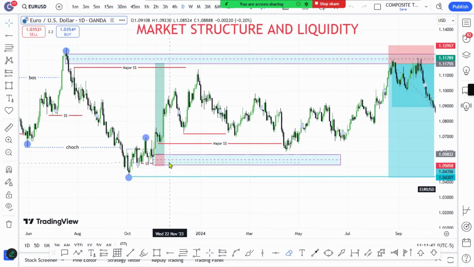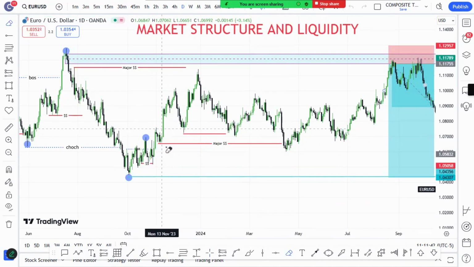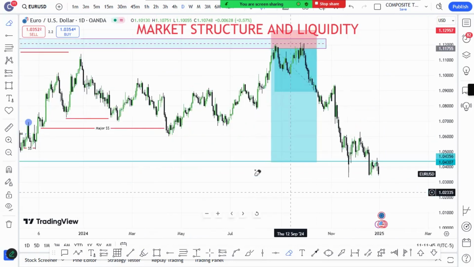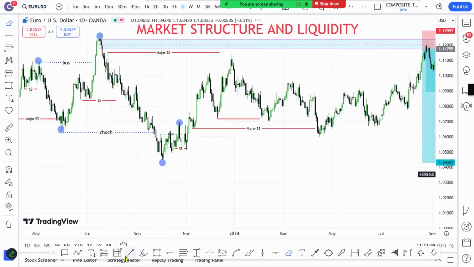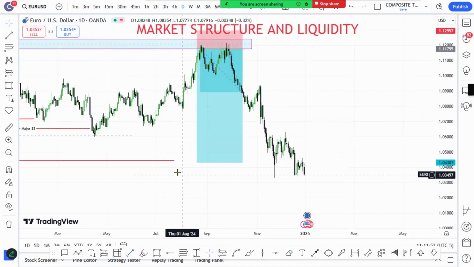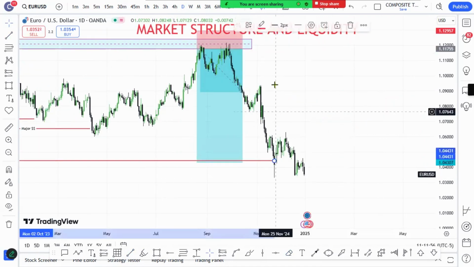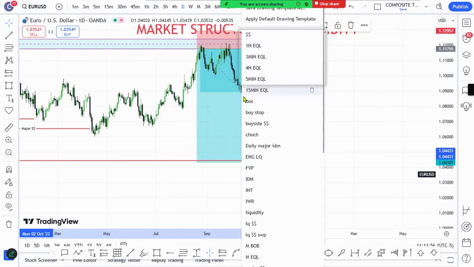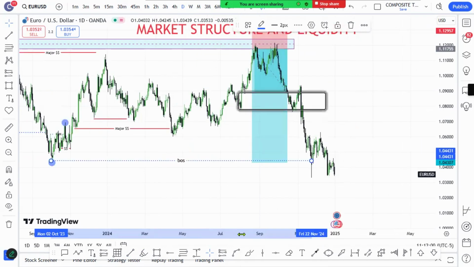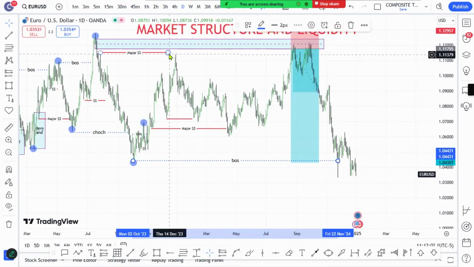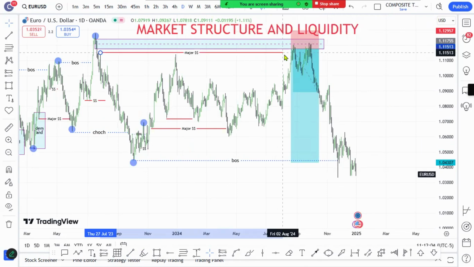So price never took out that level. But now we have a break of structure to the downside here. We now have the break of structure here, a new break of structure after taking out what we call the major liquidity level and mitigating that level.